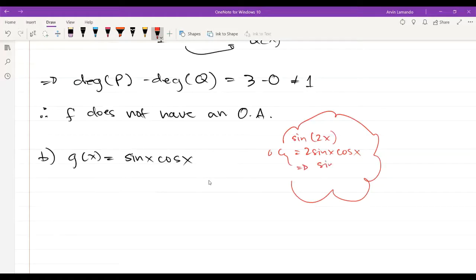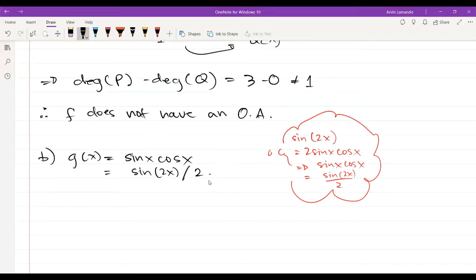Therefore, sine of x cosine of x is equal to sine of 2x all over 2. So g of x can be written as sine of 2x all over 2. This will be a useful result for our computations.